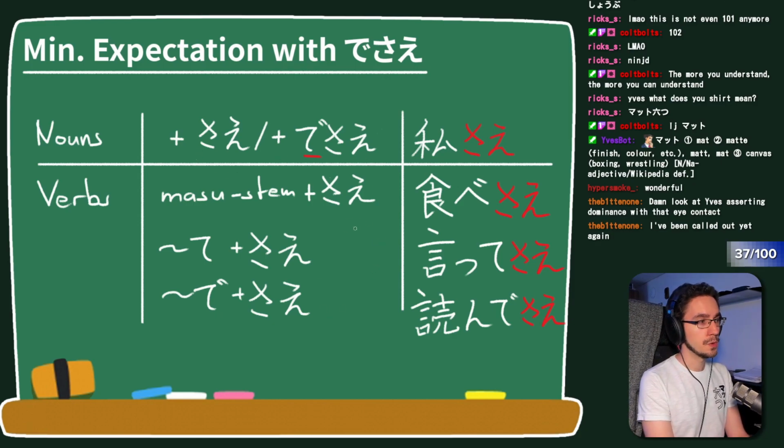For verbs, you have two options. These two here are essentially one group. I made a little shorthand here, as you've probably seen me do a few times, which is I will do this, and sometimes I will do both versions. I'll do this for the te form, right? This is essentially just my shorthand for the te form. And I've just written down both versions because, as you hopefully know, some te forms end in te and some end in de, depending on what verb you go with, right?